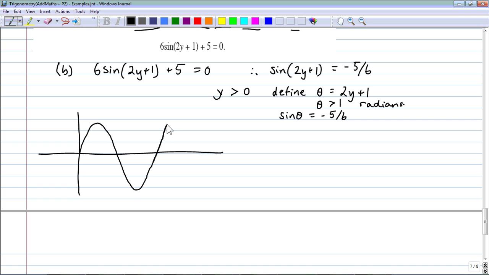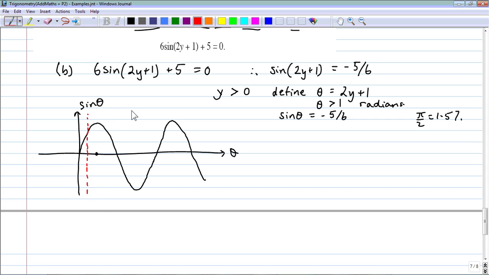Now there's no amplitude or period concerns to worry about here because I deliberately chose theta to be this, you see. So if this is theta and sine theta, I can draw theta bigger than 1. Now pi over 2 is about 1.57. So this point here is about 1.57. So 1, let me draw a red dotted line, 1 is somewhere in here.